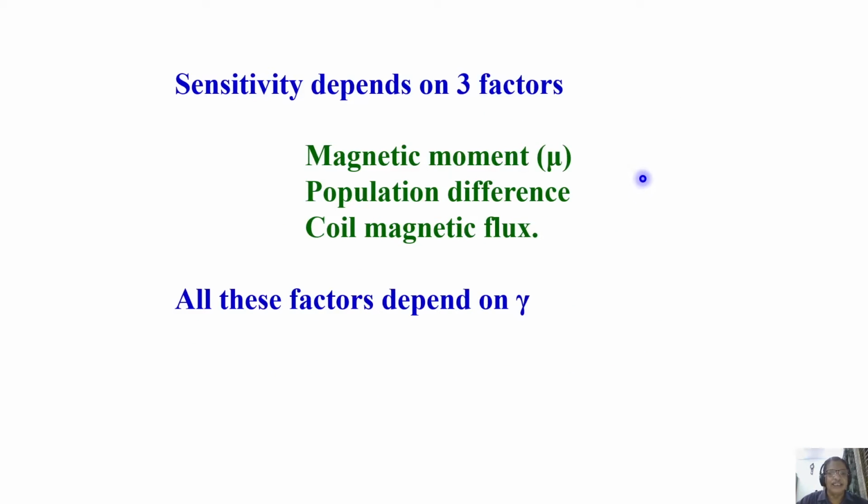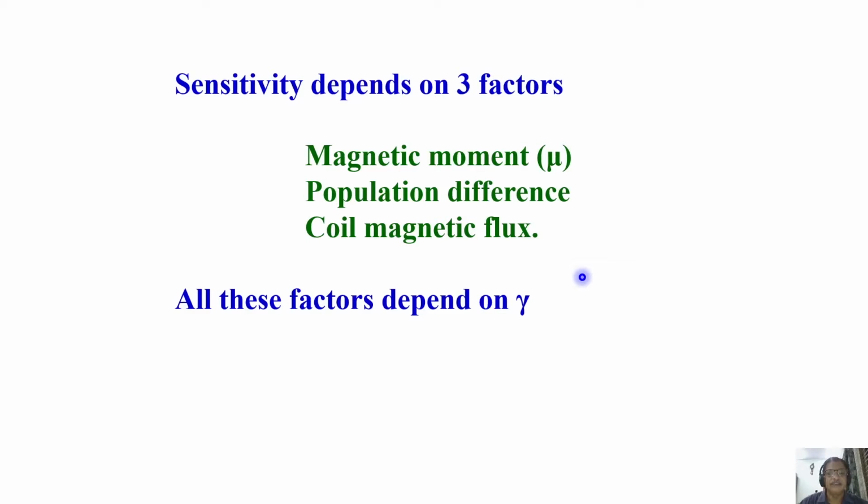Now, the sensitivity depends upon three factors. One, the magnetic moment mu. Second, the population difference between the energy states. And third, the magnetic flux induced in the coil.